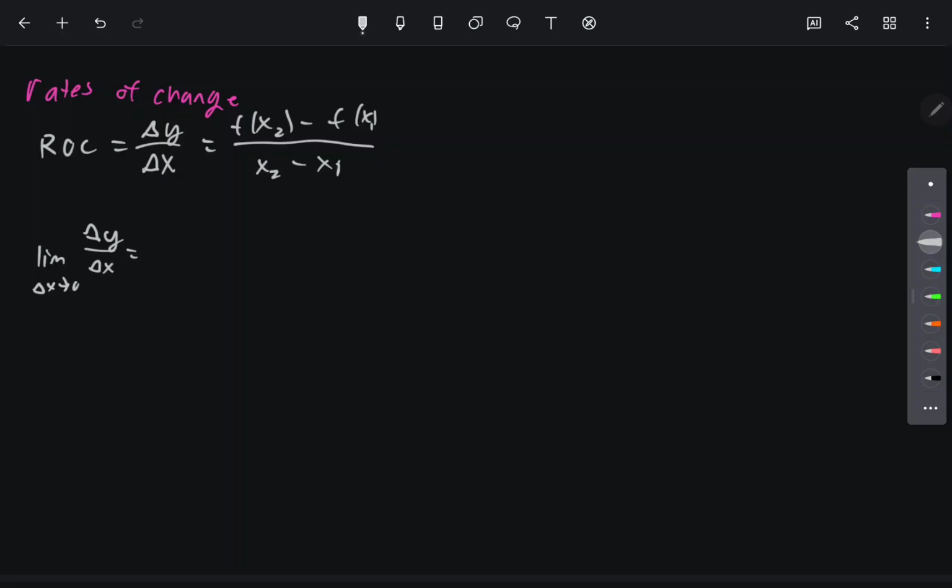Well, once again, all of these values, and I'm still just going to call them x2, this is going to become closer and closer to a derivative, or the slope of the tangent line at x2.